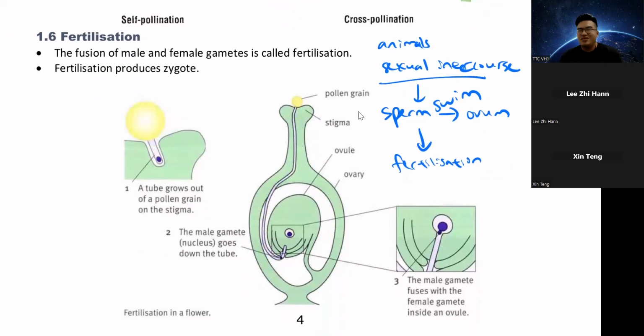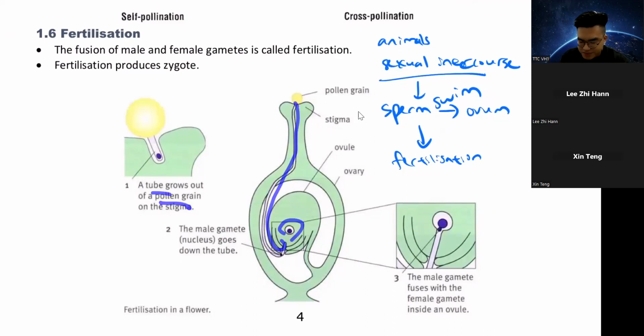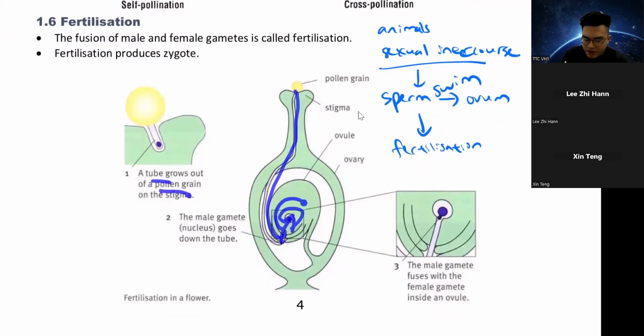You learn more in detail in year 11, I think, in biology. They grow down and go find the ovule. So same like swimming. Humans swim, but plants grow down. Once they are inside, they fertilize, and the flower is pregnant.